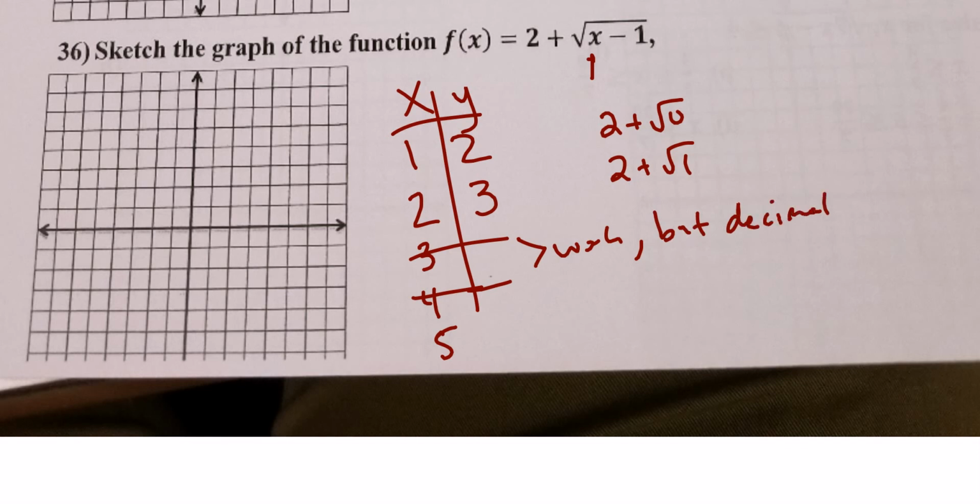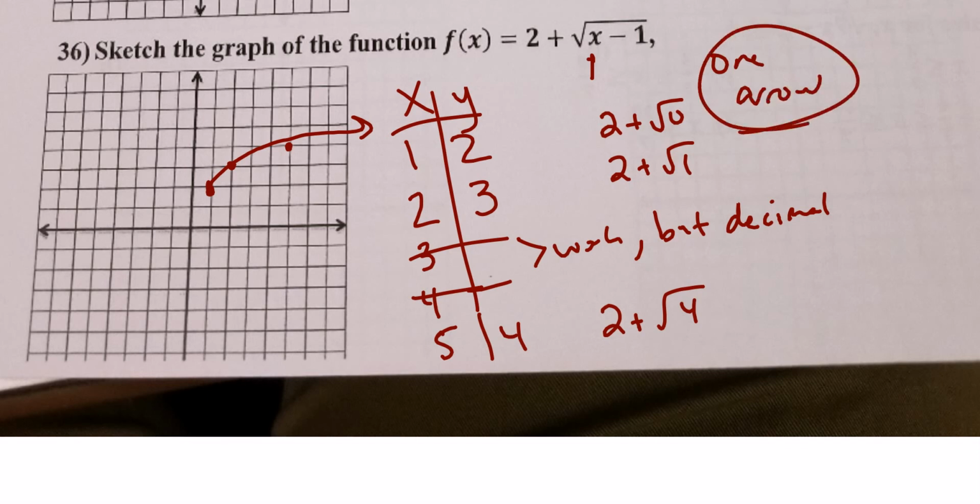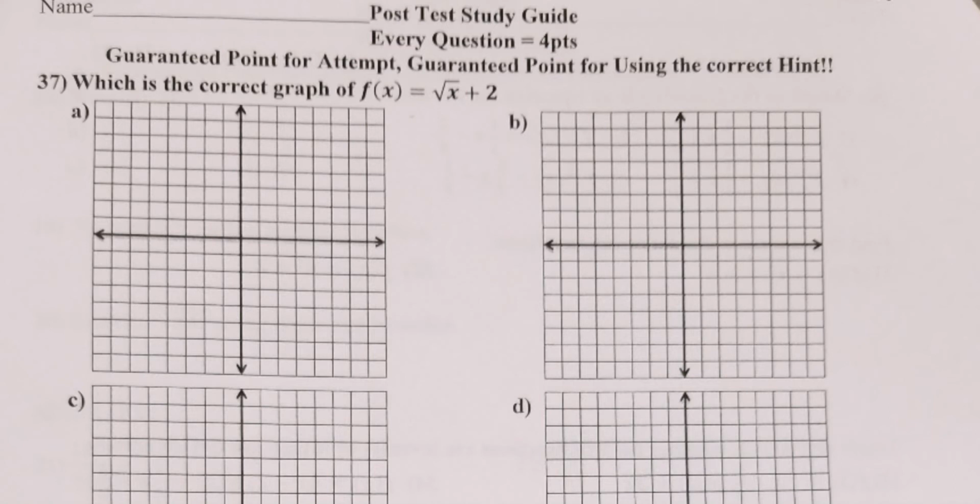So I plug in 5. 5 minus 1 is 4, so I get 2 plus the square root of 4, so I end up with 4. I'm going to put over 1 up 2, put a dot. Over 2 up 3, put a dot. Over 5, go up 4 dots. And your graph should look like this. Make sure it only has one arrow. And that's it for 36.